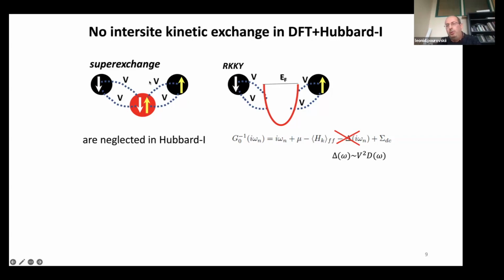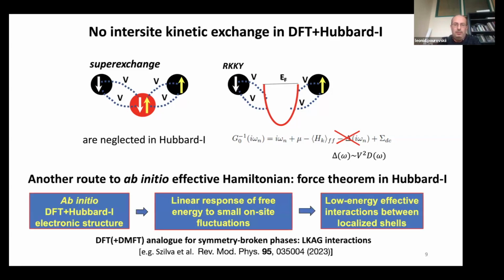So our impurity problem will not feel an exchange field coming from other sites, and we will never get a symmetry broken solution within DFT plus Hubbard 1. So what we do is start with the paramagnetic electronic structure obtained with DFT plus Hubbard 1, and then consider small fluctuations. It's a post-processing treatment on top of Hubbard 1, and with this, one can actually derive these kinds of low energy Hamiltonians.